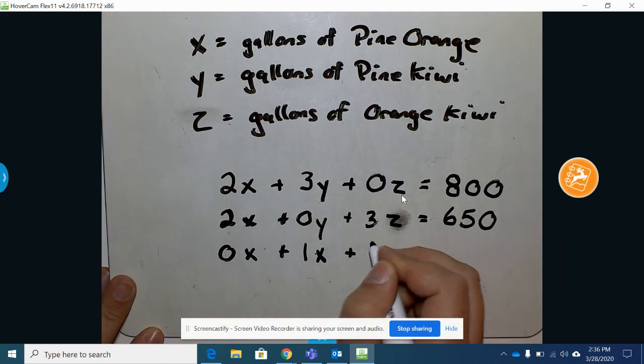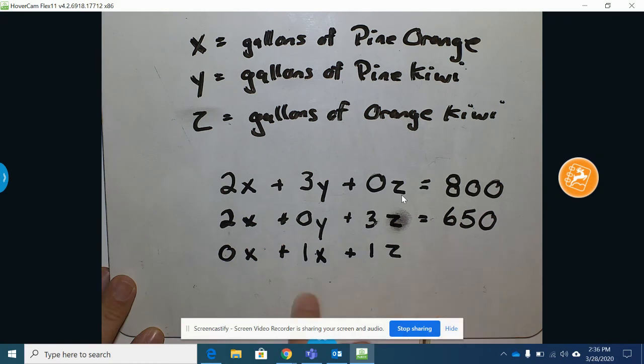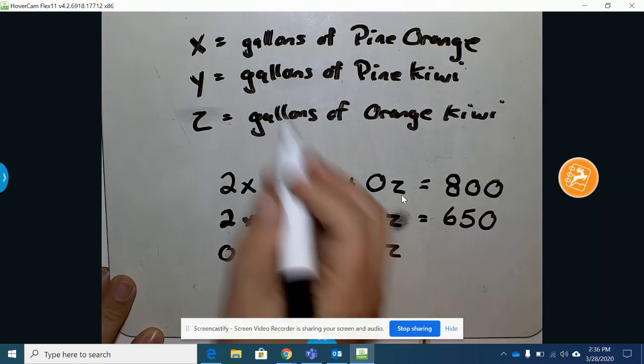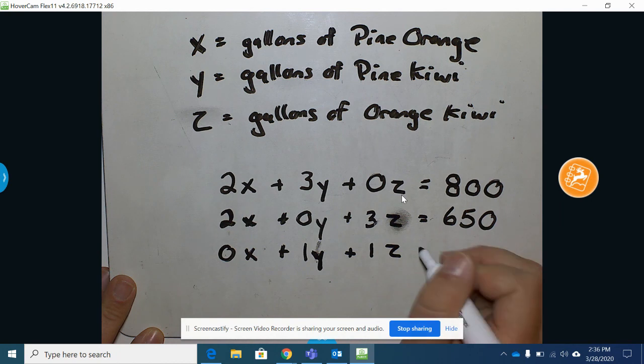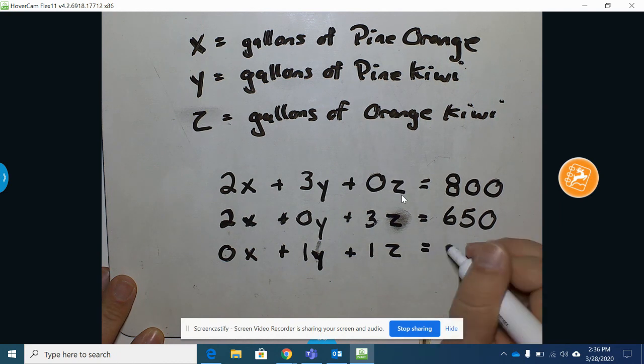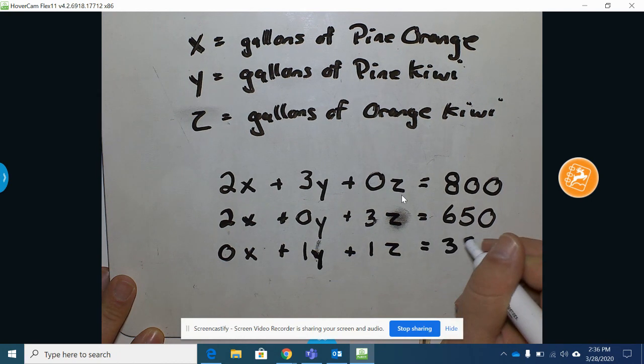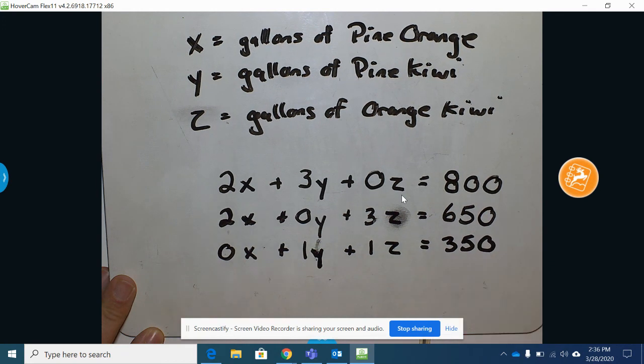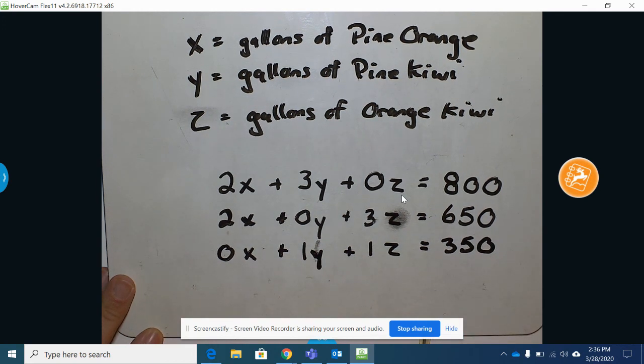That would be 1 quart per gallon. See, I messed up here, right? I wrote an X. I need to write the Y there because I'm talking about pine kiwi for that one. And then how many total quarts do I have to use? I have 350 total quarts of that.